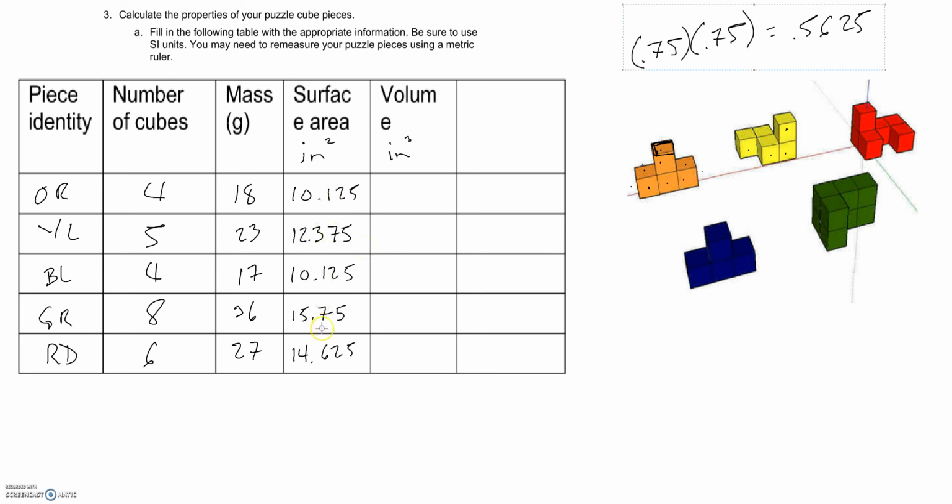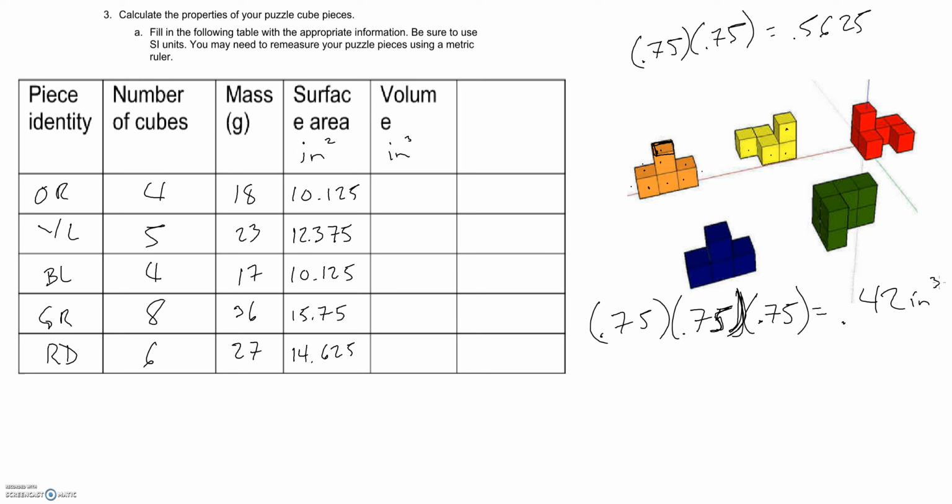So now I have all the surface area calculations done, and I calculate the volume. I find the volume of just one cube. That'd be 0.75 times 0.75 times 0.75, and that would be equal to 0.42, and this is inches cubed.